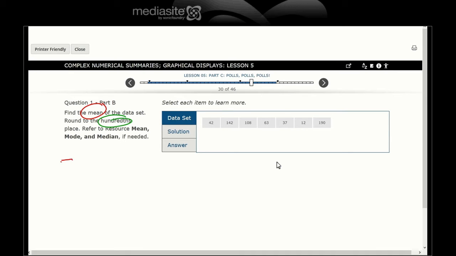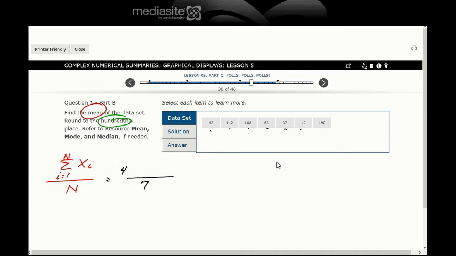So we want to add up and divide by how many. So again, we have 1, 2, 3, 4, 5, 6, 7.